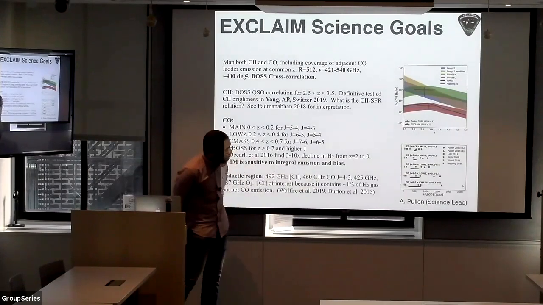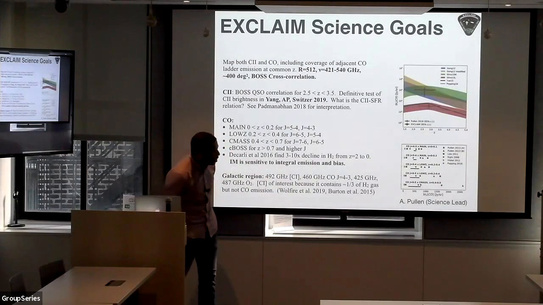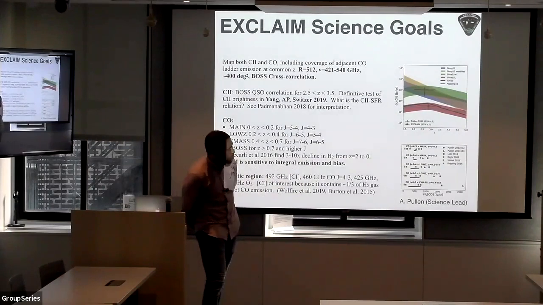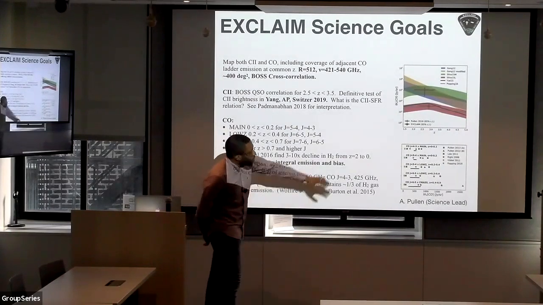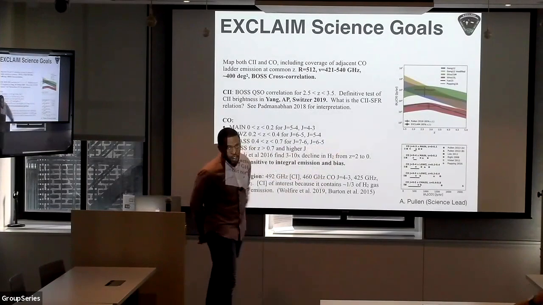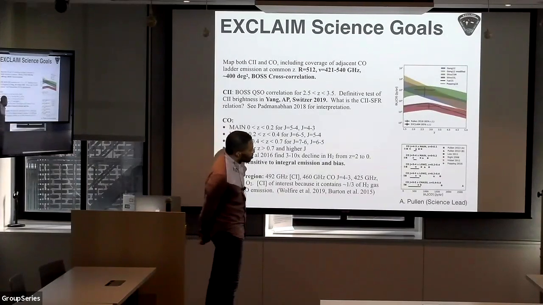In addition, at the bottom right are expected constraints for CO. Here, the x-axis is B times I, the bias times intensity for CO. The different rows are different cross correlations between different CO lines and their corresponding galaxies of different redshifts.